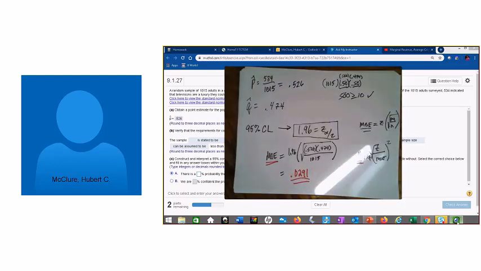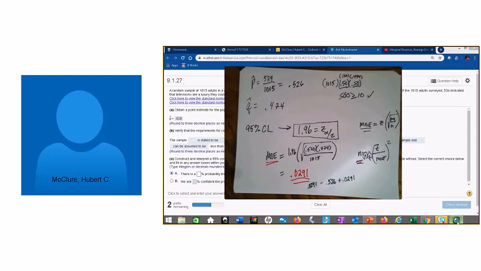I'm going to do this in green because I think this is what they're asking, the confidence interval. 0.0291 is your margin of error. So I'm going to add that to 0.526 for the right side and subtract 0.0291 for the left side.